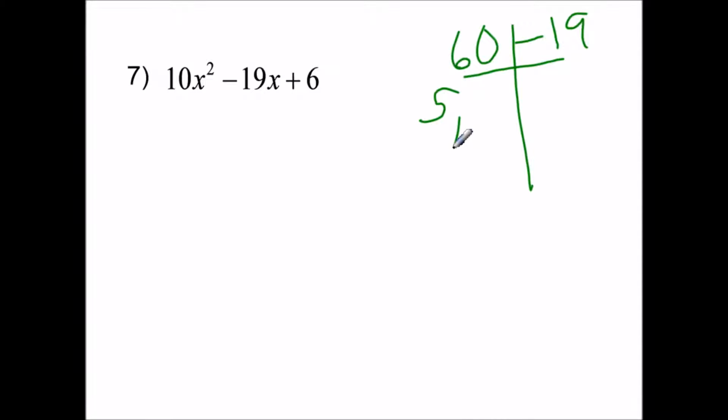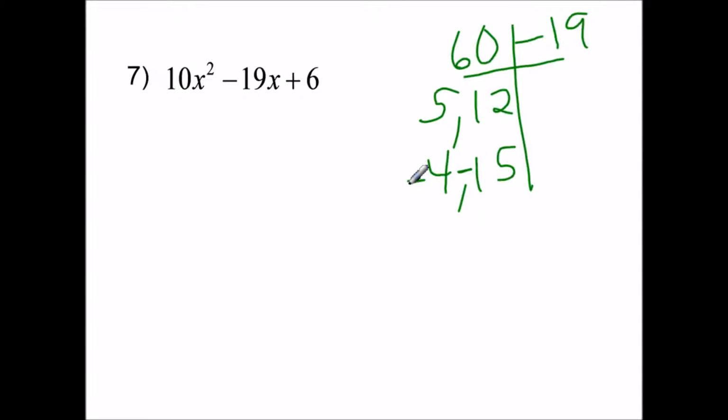All right, here's another problem. I am looking for factors of 60 whose sum is negative 19. 5 and 12 are not it. 4 and 15. Negative 4 times negative 15 multiply to positive 60 and add to negative 19.